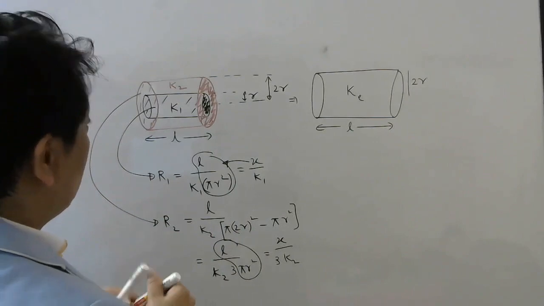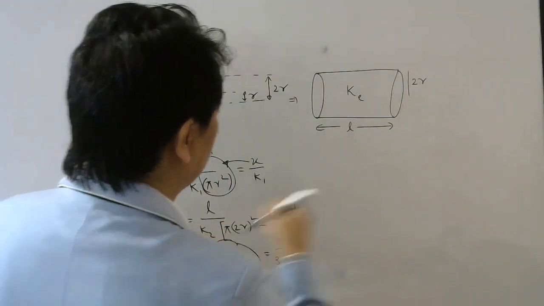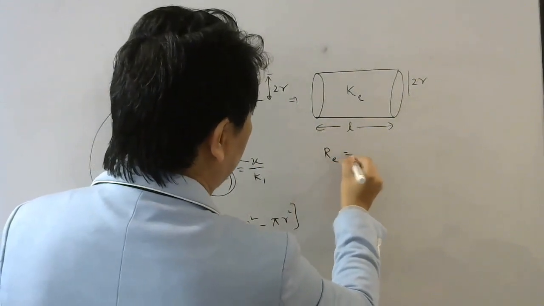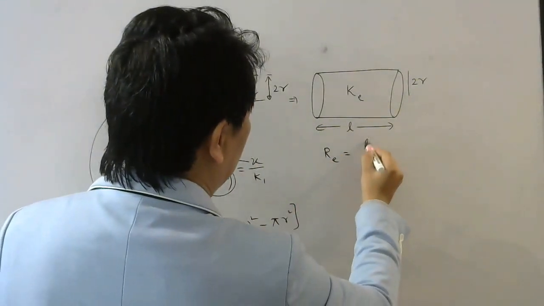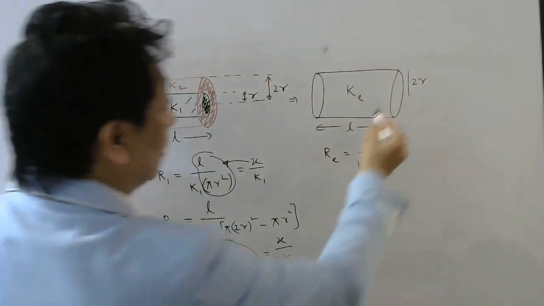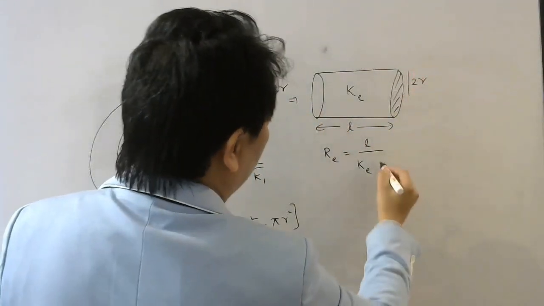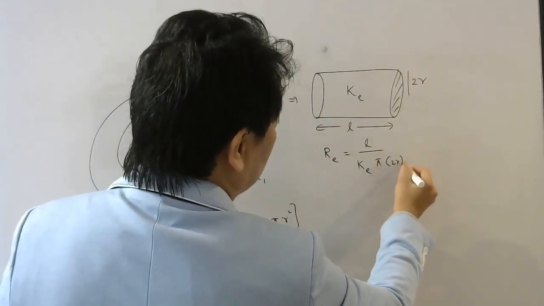Now, what about the resistance of this rod? Well, that resistance will be R effective, equal to L divided by K, where K is the K effective, into area. This area we have to use for this rod, right? So this area will be pi into radius square.